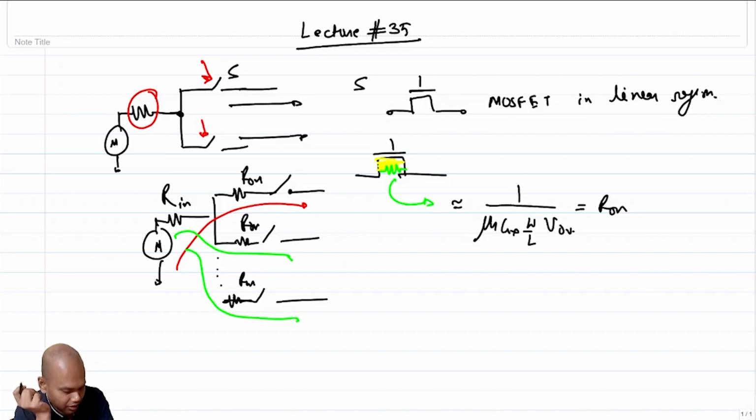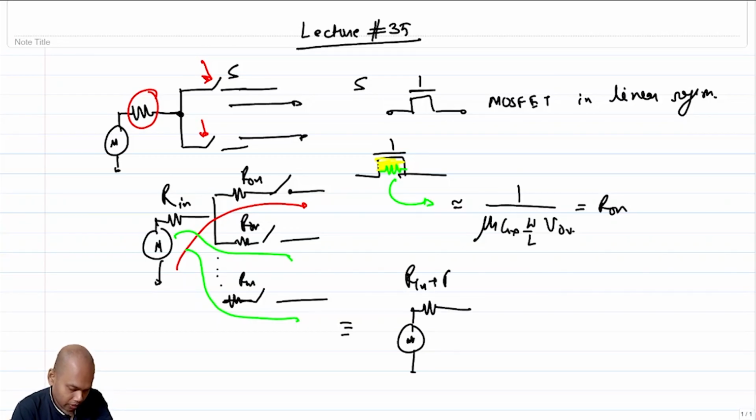So I can effectively say this is equivalent to a resistance of R in plus R on, or instead of saying R in, let me say RS, source resistance. That is a better way of expressing this, and an ideal switch.